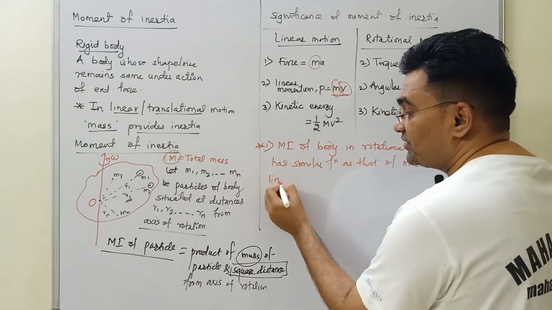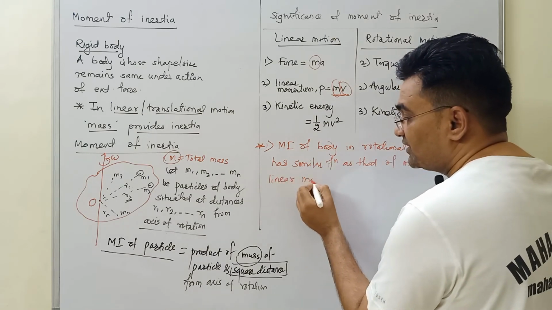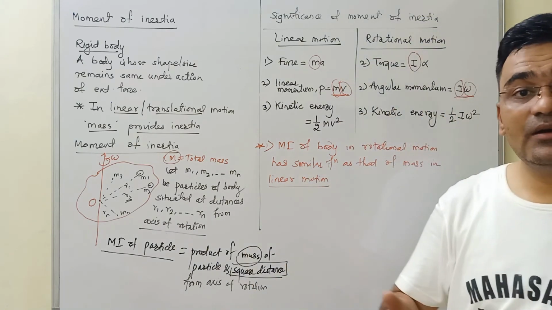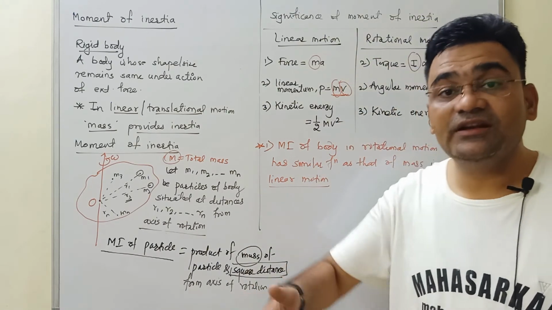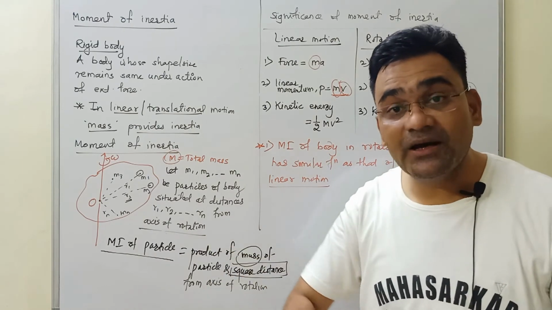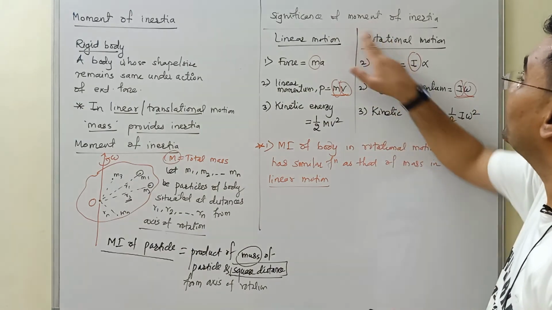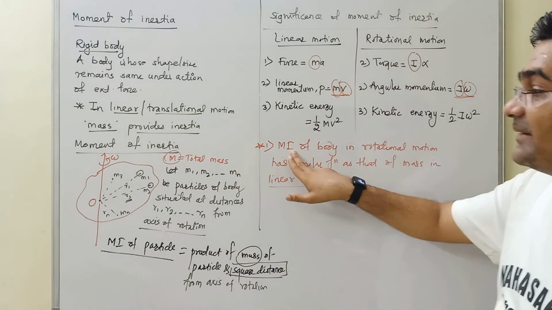This is one of the most important significances. In very simple words, if you are getting inertia in linear motion, it is because of mass only. But in rotational motion, you are getting that inertia because of moment of inertia. In short, you can write it as mr square.